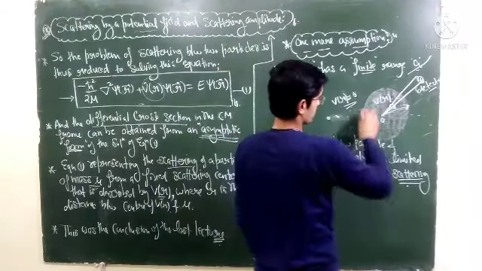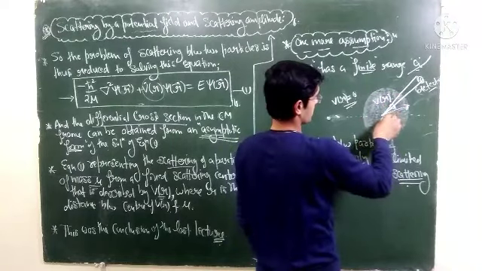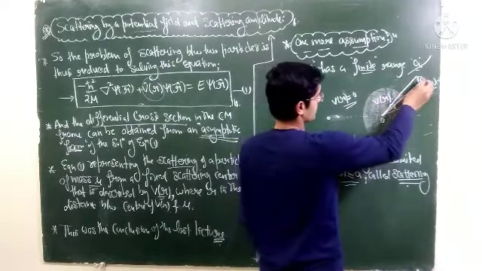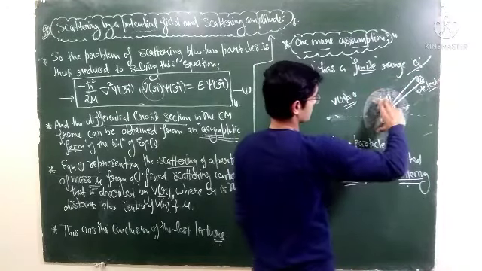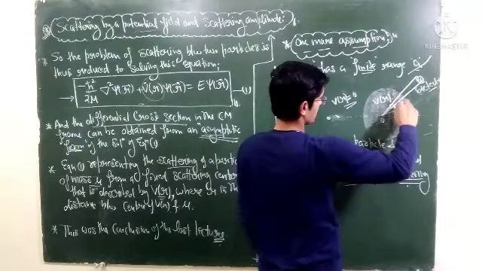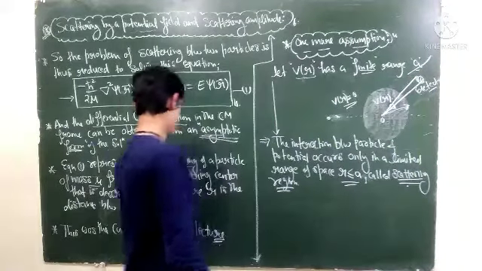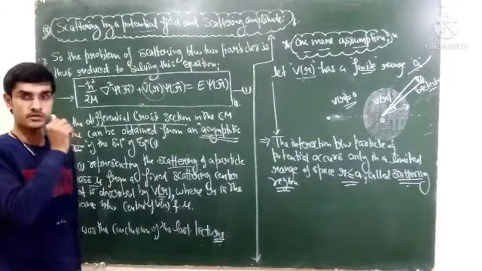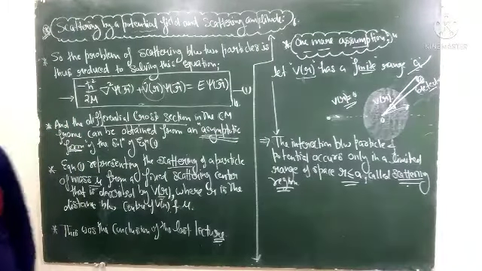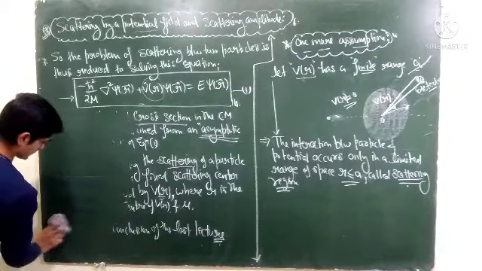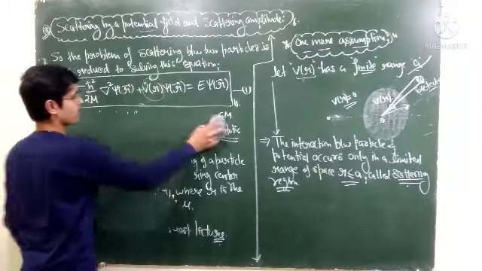Not only that, when there is some scattering, some influence of the potential on these incident particles, and they scatter in some particular direction, at the detector we will consider the influence of the potential as zero. So even when we are detecting the particles, they are like free particles. These are the basic assumptions of the scattering theory, and now we will start solving the scattering problem in more detail.